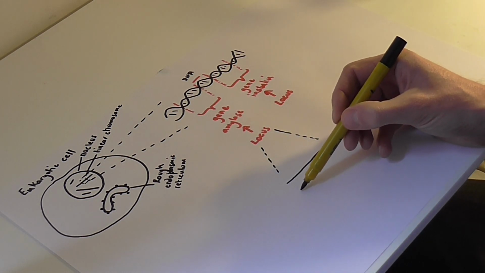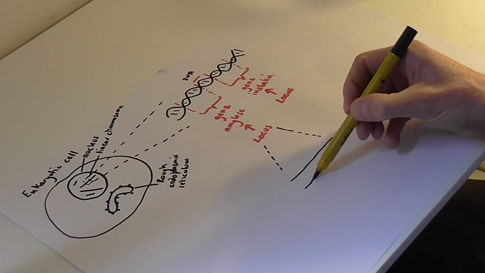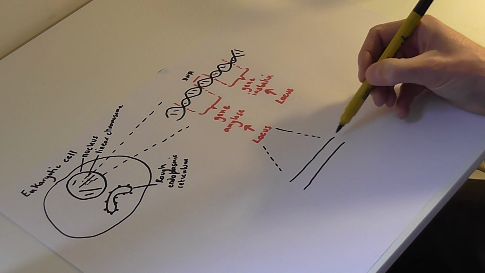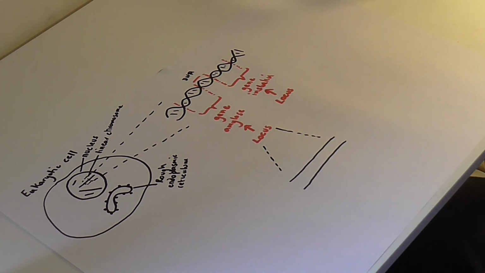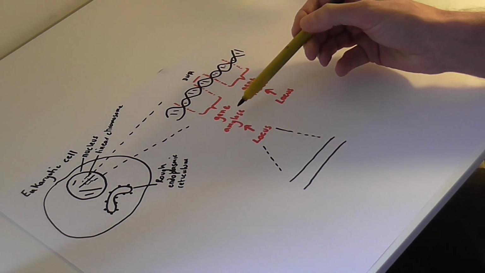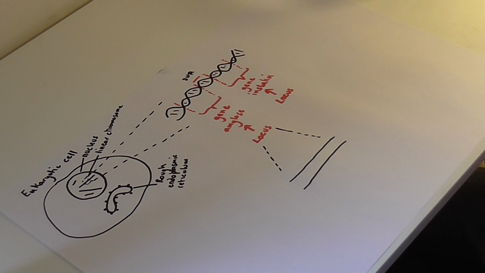I'm not drawing the DNA molecule as a helix. Within a gene, so here's the gene that codes for amylase enzyme. Within a gene, you also have regions of non-coding DNA. You also have regions of coding DNA.